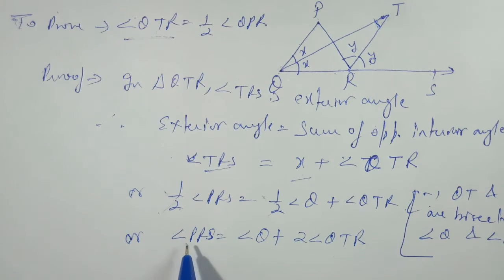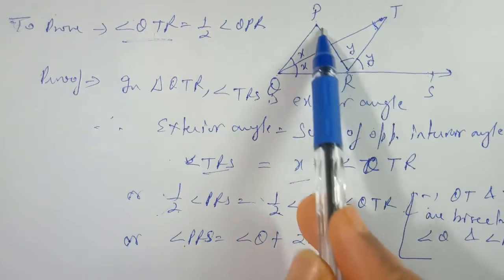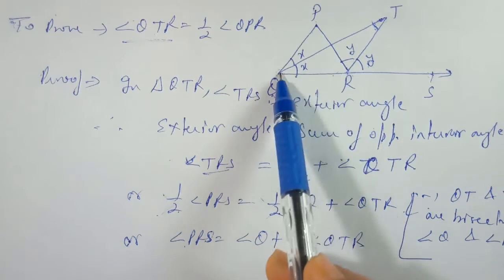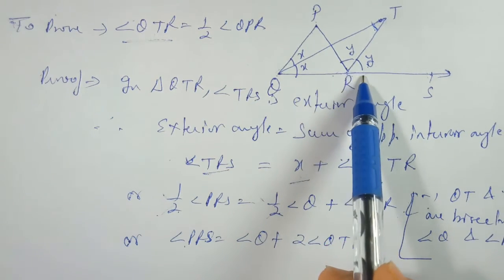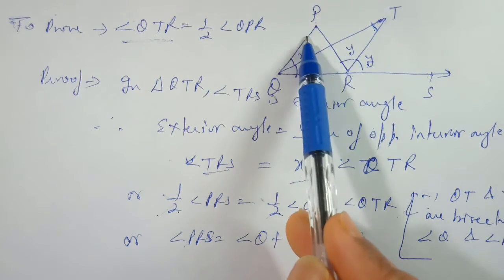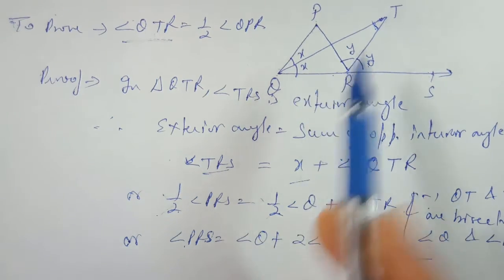Now come to PRS again. From the figure we are observing PRS is the exterior angle of which triangle? PQR. So in place of PRS we can write angle Q plus angle P, because this exterior angle is equal to the sum of opposite interior angles.